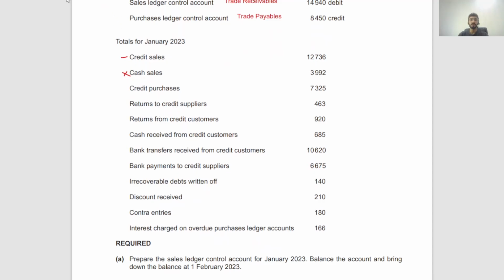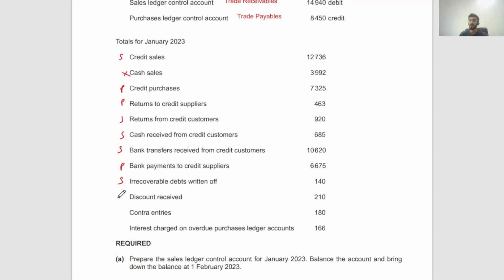If you want, you can put S and P for labeling. So that's SLCA, that's PLCA, that's PLCA, that's SLCA, that's SLCA. Anything about your customers, that's SLCA. Recall these are always with your receivables, not with your payables.